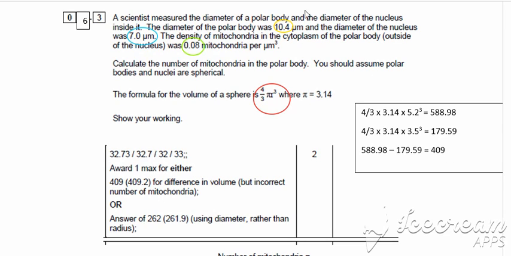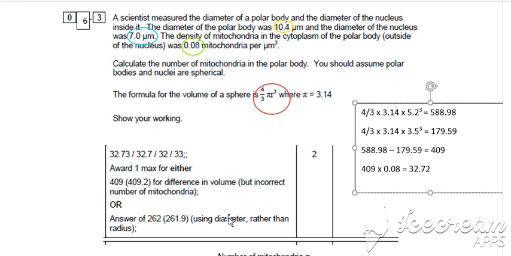So we take our 409 and we multiply that by our 0.08, and that should give us our answer of 32.72, or 32, or 33 if you round it up, or 32.7.